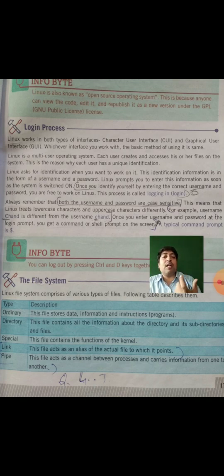Uppercase means capital letters and lowercase means small letters. If you entered capital R, small c, capital D, at the time of login you should enter it in the same manner as you gave it when the password was generated. So the case sensitive point is very important.